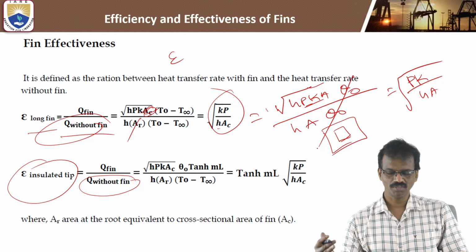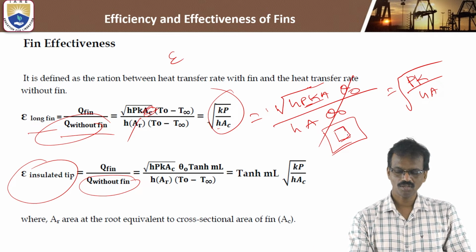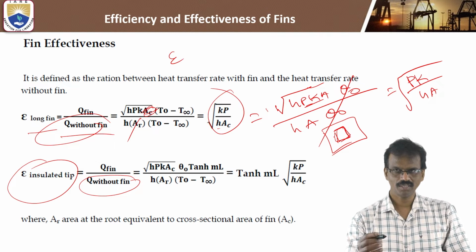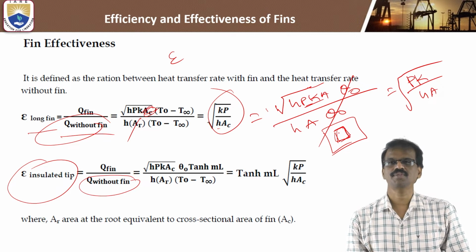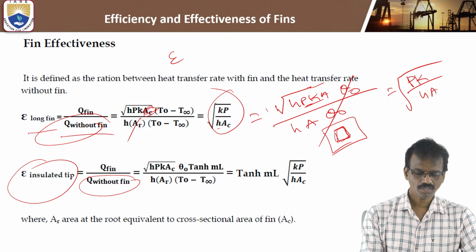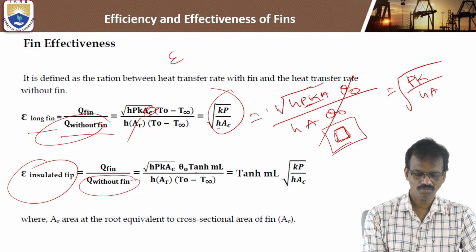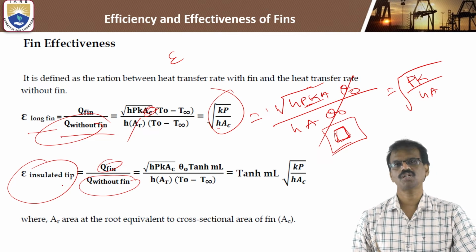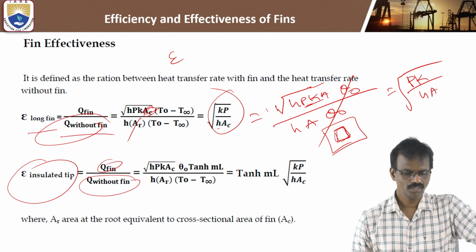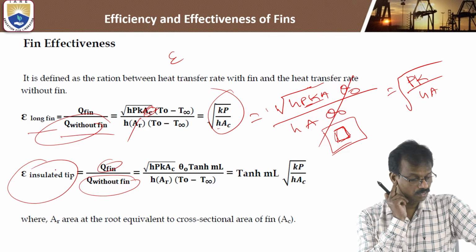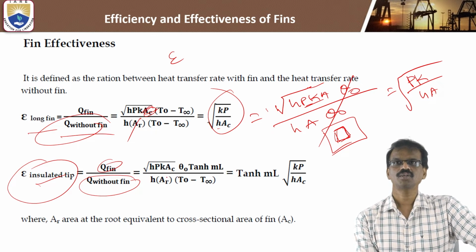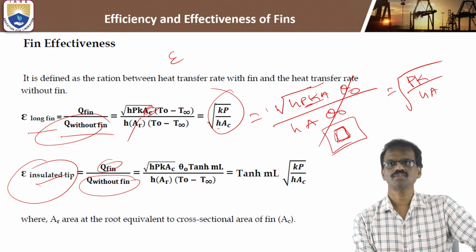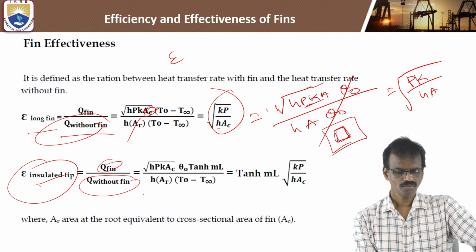If you observe from the side, this occupied area is nothing but the end surface area, the end cross-section area of the fin. If you substitute, the actual rate of heat transfer for the short fin is under root of hPkA into theta naught into tanh ml, divided by Q without fin, which is hA into theta naught.